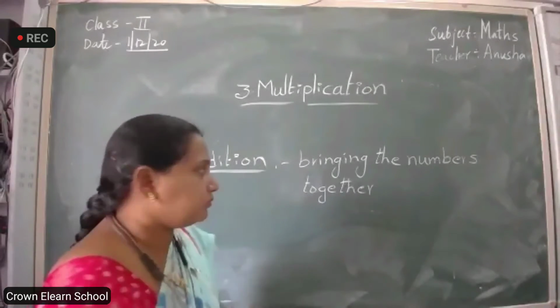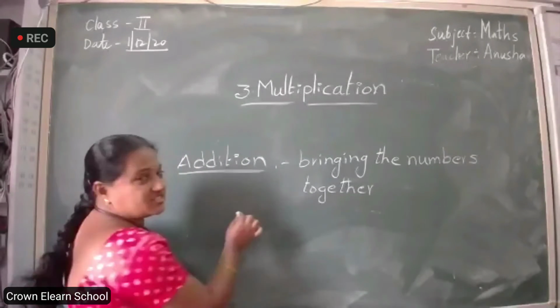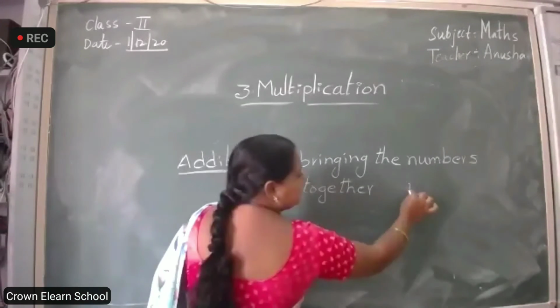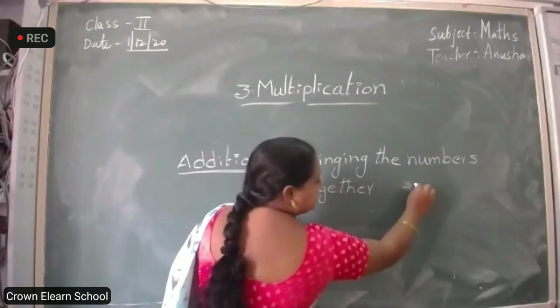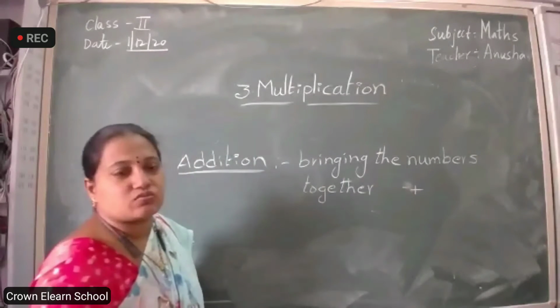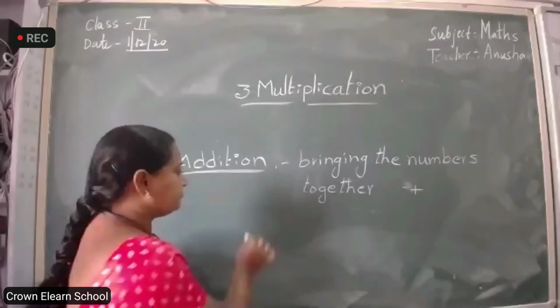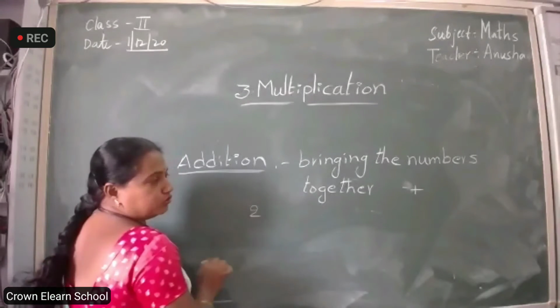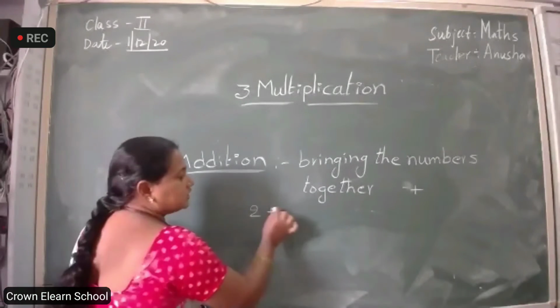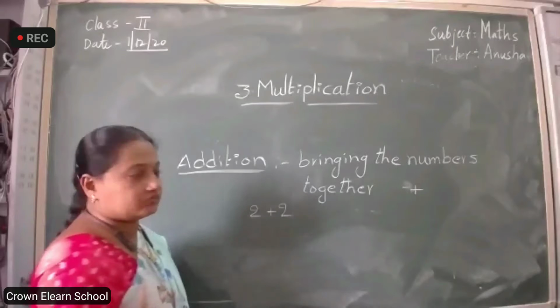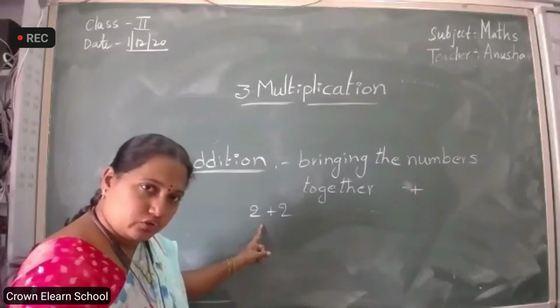Okay? Now, what is the symbol for addition, Nana? What is the sign for addition? Plus. Okay? Now, 2 plus 2. You are having 2.